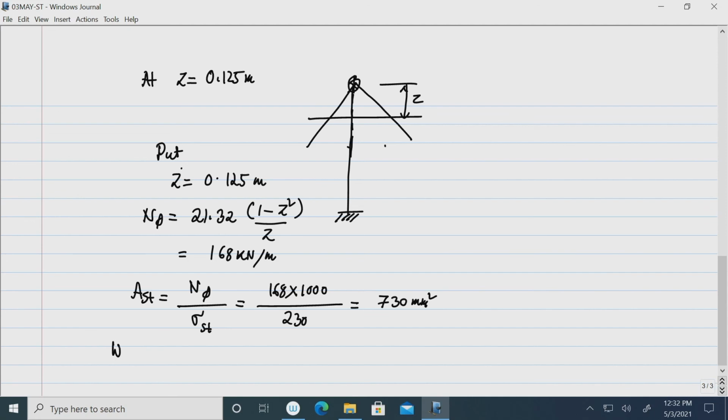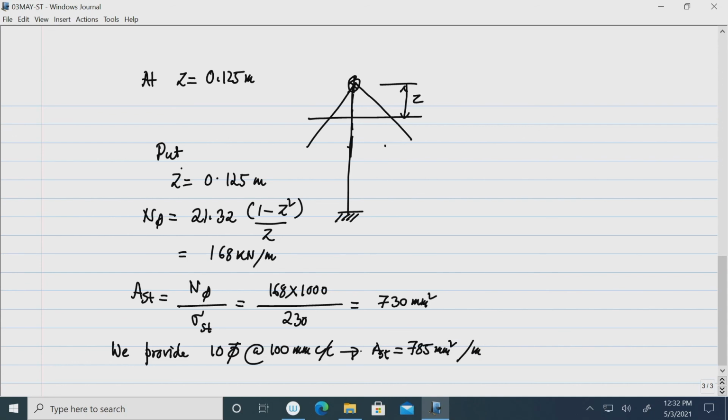So, we provide 10 phi torsteel at the rate of 100 millimeter center to center, that will give you Ast slightly more than this, 785 millimeter square per meter.